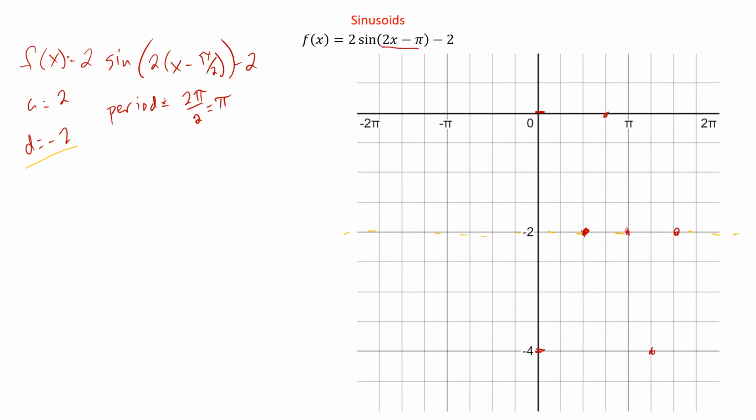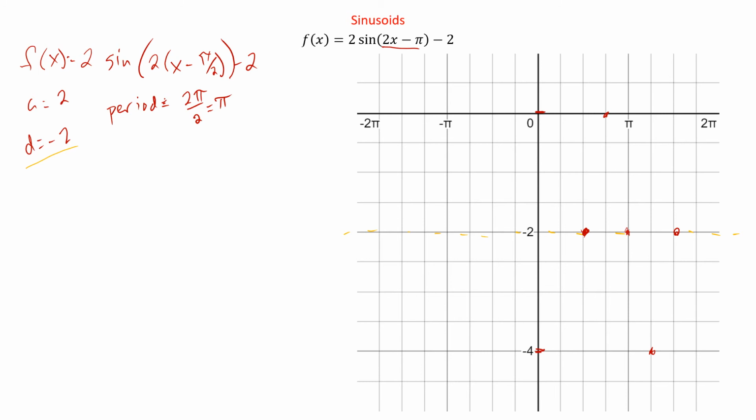Notice I did not plug in a whole lot of values. I know the period. I know what happens halfway in the middle of the period. It's going to either be at 0 or 1 or -1. Now, granted, this is going to be at -2 or 0 or -4, but it's the pattern that matters.